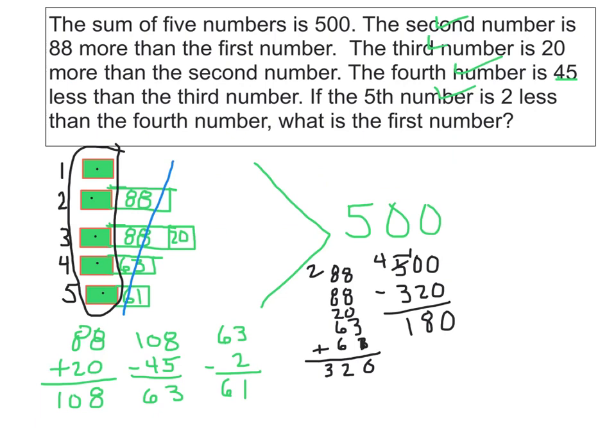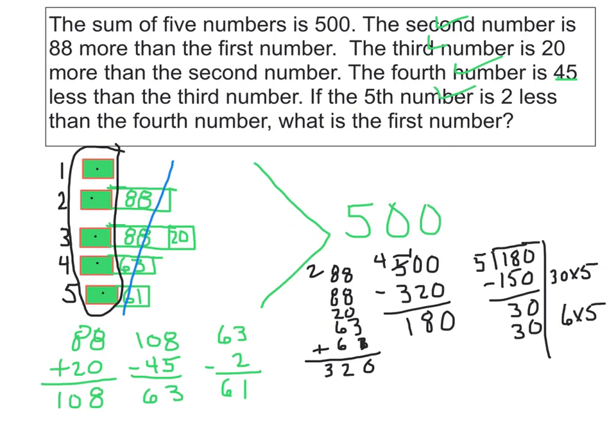Now I know what's left in these boxes is equal to 180. So I can split the 180 into 5 different boxes. And let's write 30 groups of 5. And that would be 30 left. And let's try 6 groups of 5. On the left.